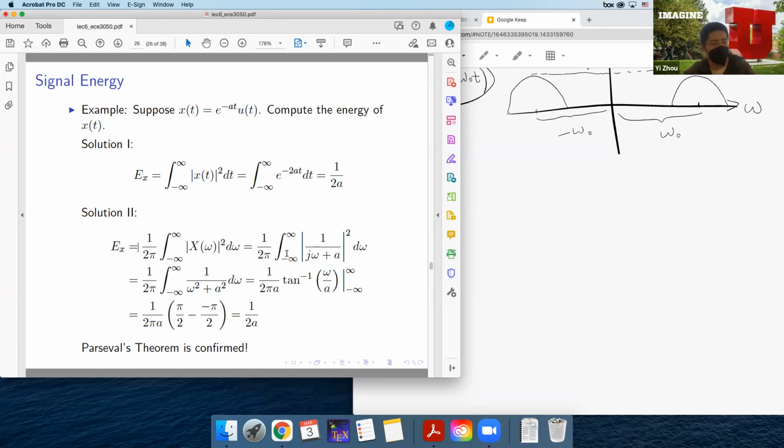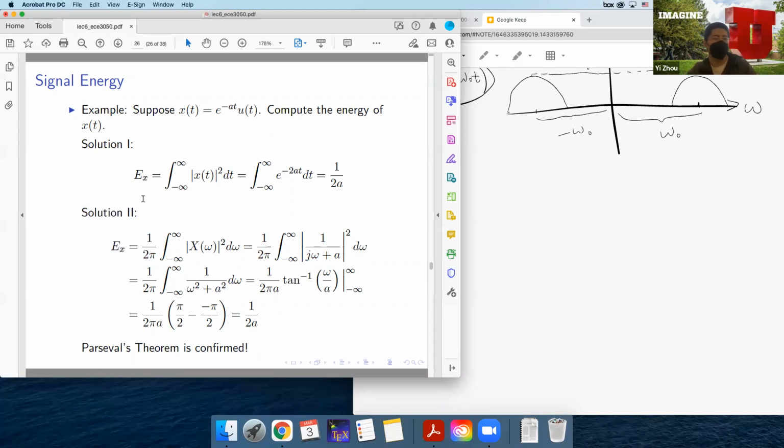And then you just evaluate this spectrum. So very carefully, you can see that the magnitude of this complex number to the power of 2 is this one. And then you evaluate this integration, which gives you an inverse tangent function. And then you keep going, you end up with the same result. But of course, the frequency domain approach looks more complex for this specific example.